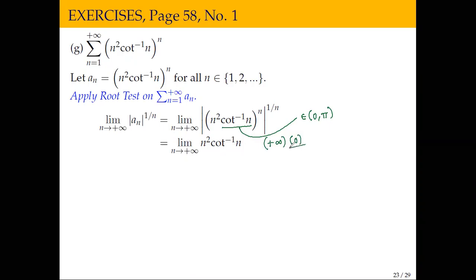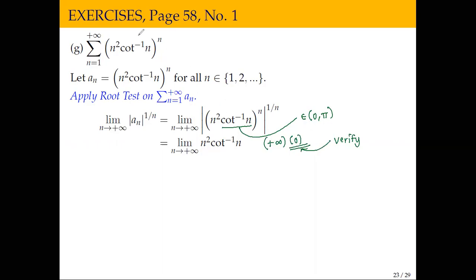You verify this one. Use your Math 21 skills. The limit of n squared as n goes to positive infinity is positive infinity, and the limit of arc cotangent of n as n goes to positive infinity is 0. You have to verify this one using your Math 21 skills.